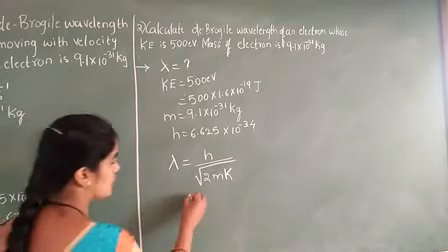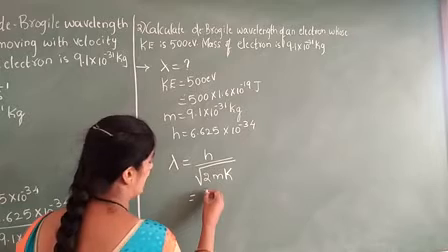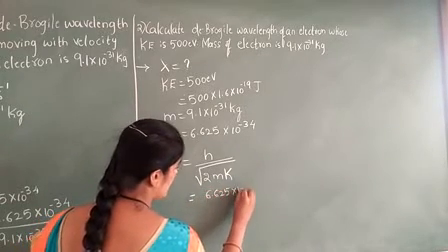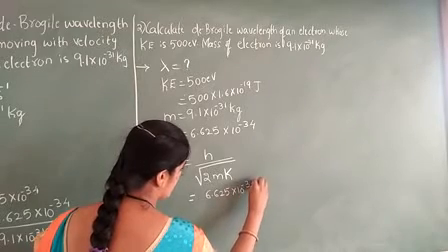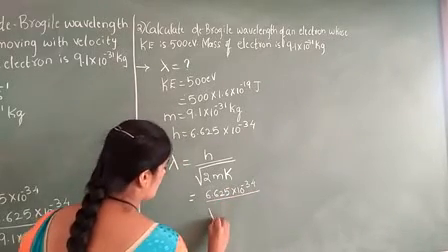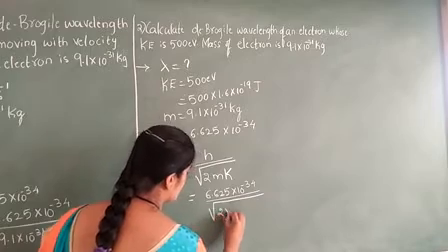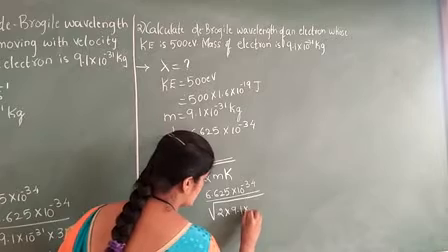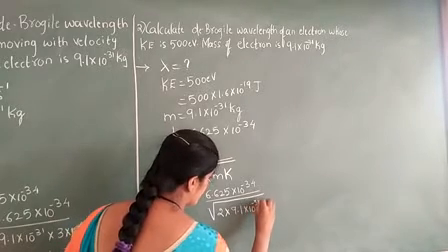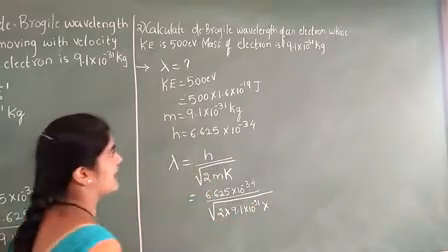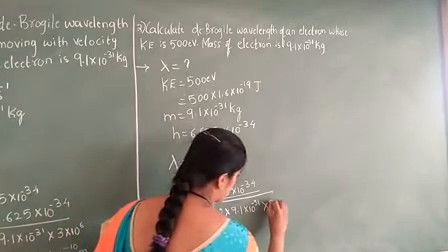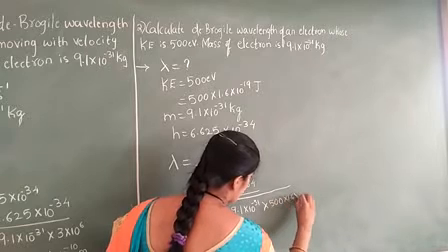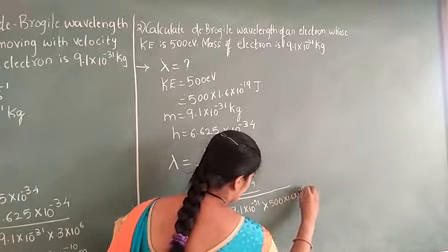We know the values of h, m and k. Put all the values. 6.625 into 10 raised to minus 34 by root of 2 into m, 9.1 into 10 raised to minus 31, K means kinetic energy, 500 into 1.6 into 10 raised to minus 19.